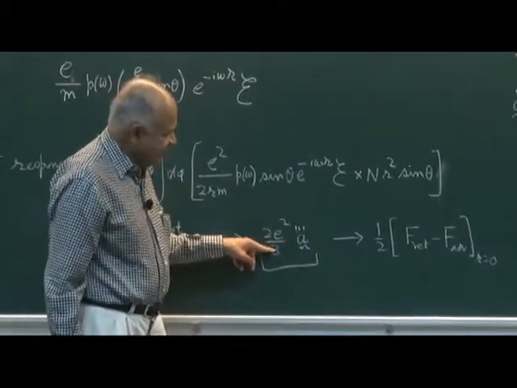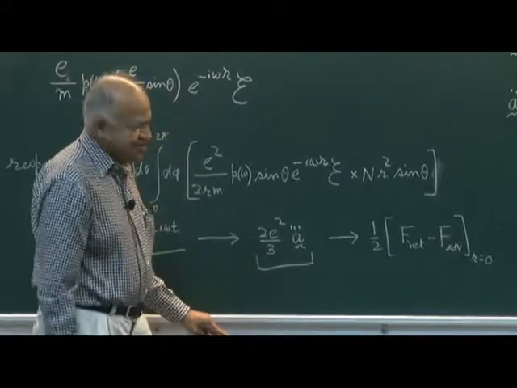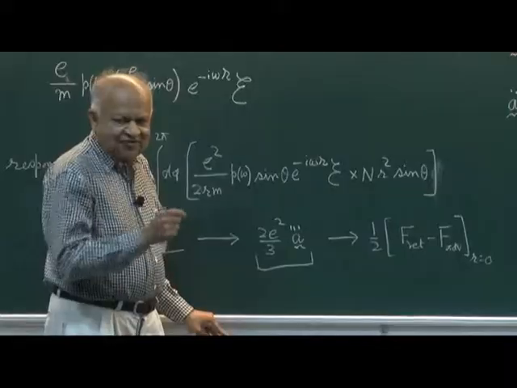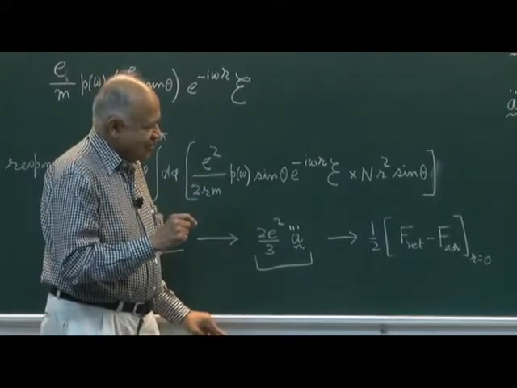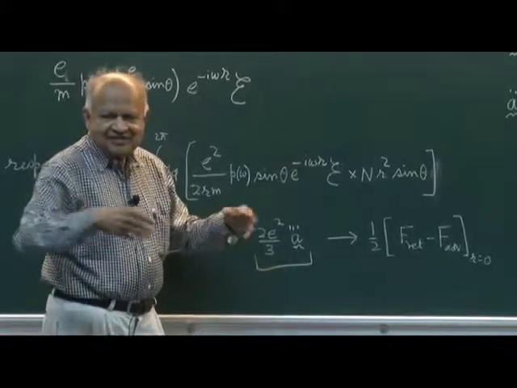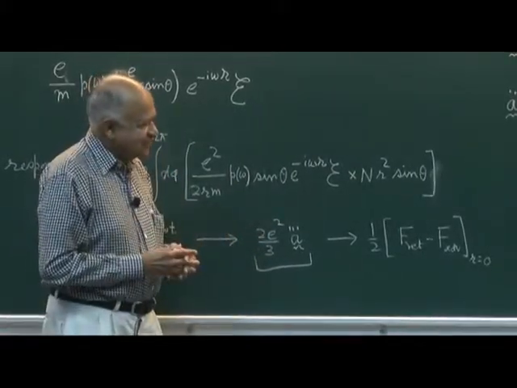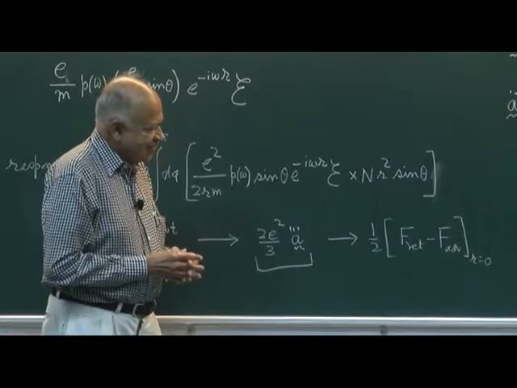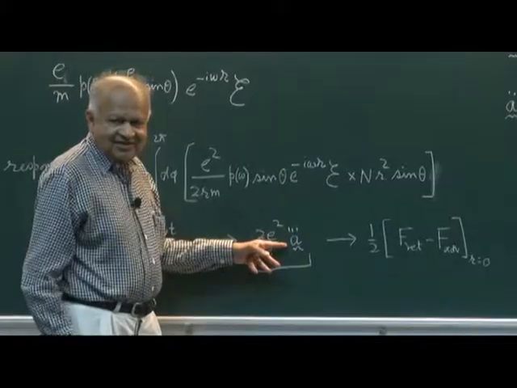So, in a sense it justifies your original expectation that if you wobble an electric charge, what is going on is that the whole of the universe is responding, and because of that response you are getting the radiative reaction.